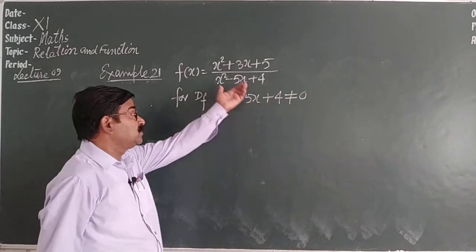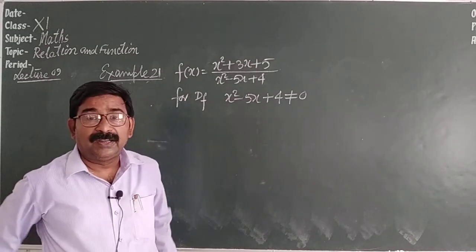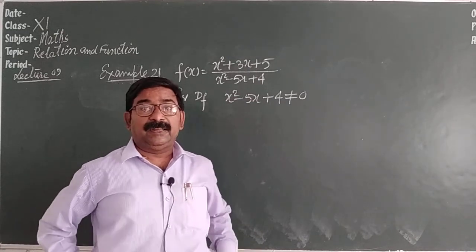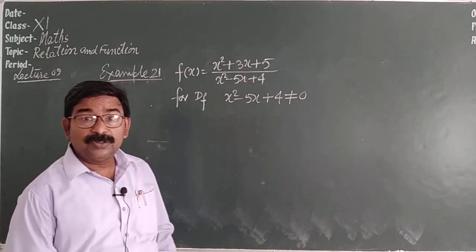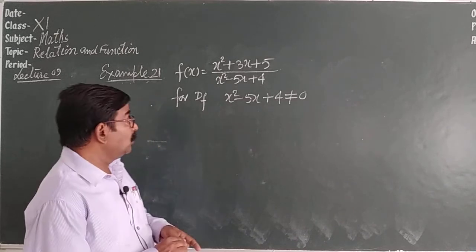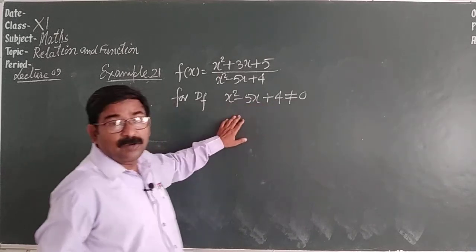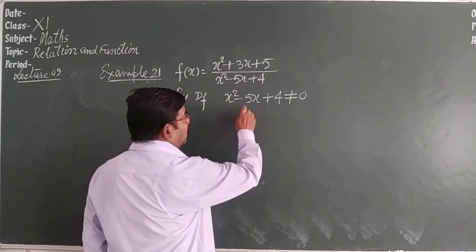If it becomes 0, this function does not exist. It means if it exists, the denominator must not be equal to 0. And in what case must the denominator not be equal to 0? We will solve this quadratic equation. Let's see, 4 ones are 4, 4 plus 1 is 5.